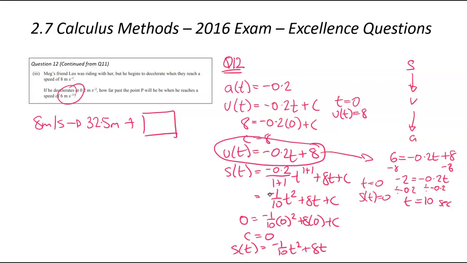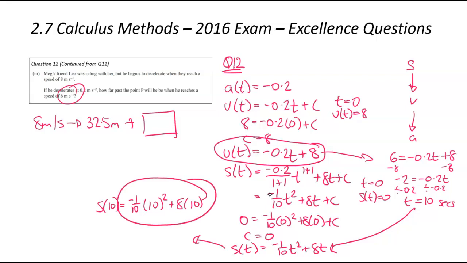So that's 10 seconds. And what that tells us is after 10 seconds, he will have a velocity of 6 meters per second. I'm going to put that back into this equation to find out how far they've gone. So we're going to put that into there. We're going to do that working over here, though. S in terms of t, so S of 10 is equal to negative 1 over 10 of 10 squared plus 8 times 10.